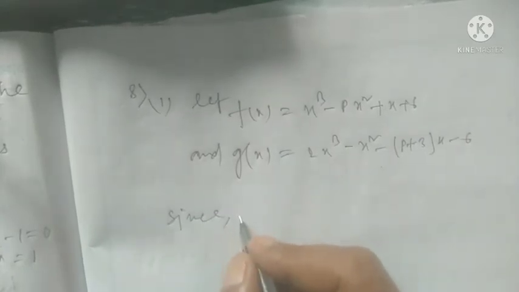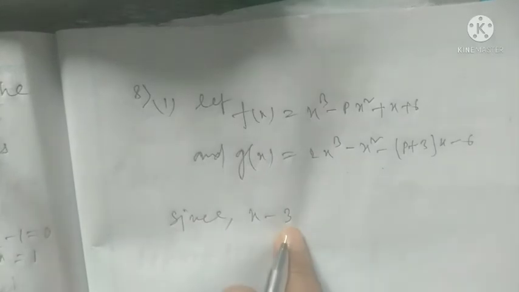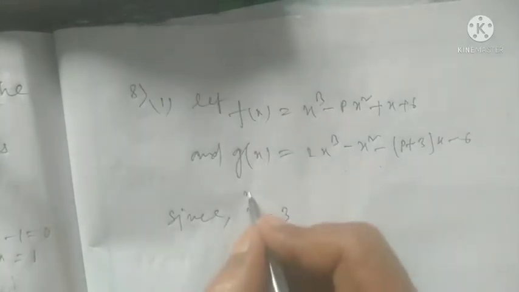Since the divisor is x minus 3, you can easily put the value of x, because x minus alpha, in place of alpha there is 3. So you can put the value of x in both equations to find the remainder.